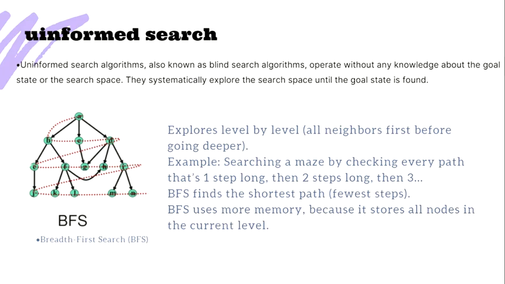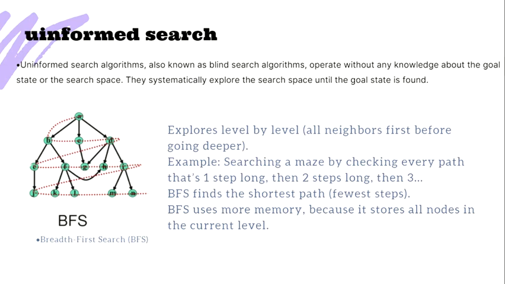Uninformed search. Uninformed search algorithms, also known as blind search algorithms, operate without any knowledge about the goal state or the search space. They systematically explore the search space until the goal state is found. The first one of the uninformed searches we have is BFS, which is breadth first search.